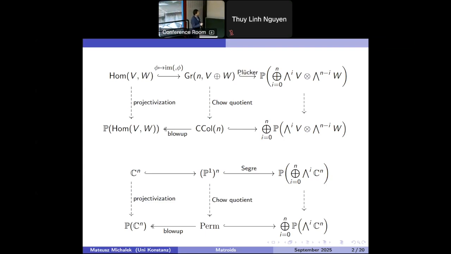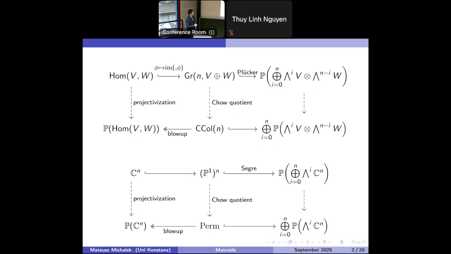And again, we had Chow quotients. Well, here we just projectivized, but here we had this variety that we obtained by taking all minors of all possible sizes. So here are I by I minors of matrices, and you map to the product of projective spaces.